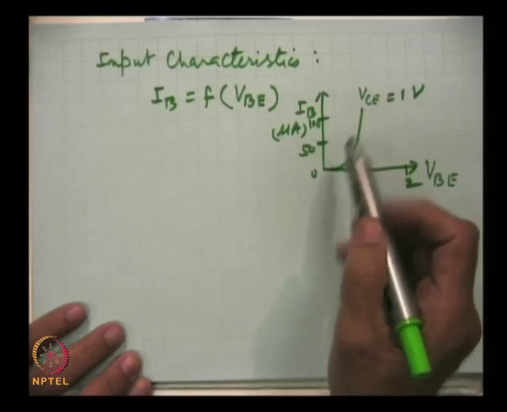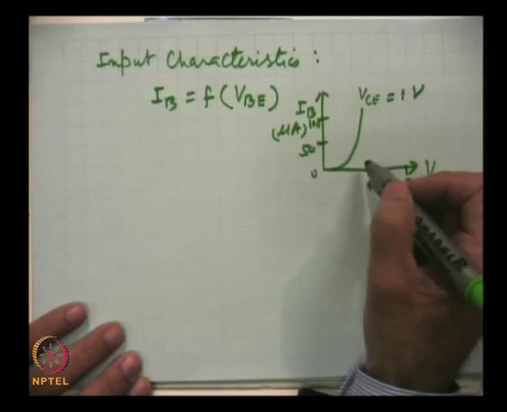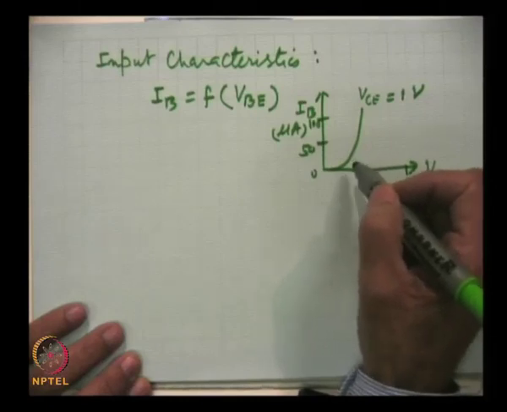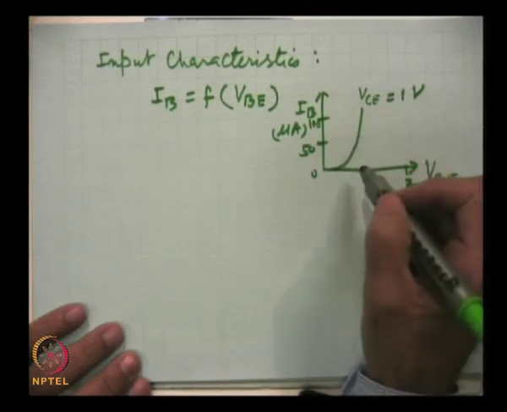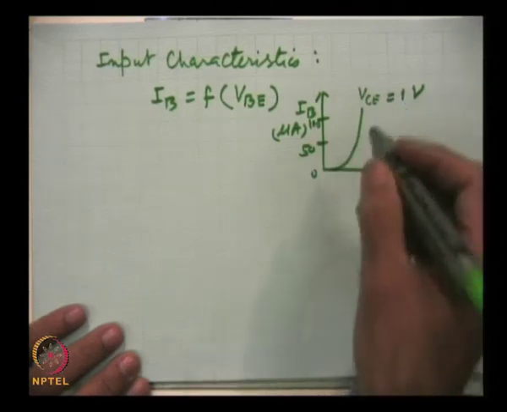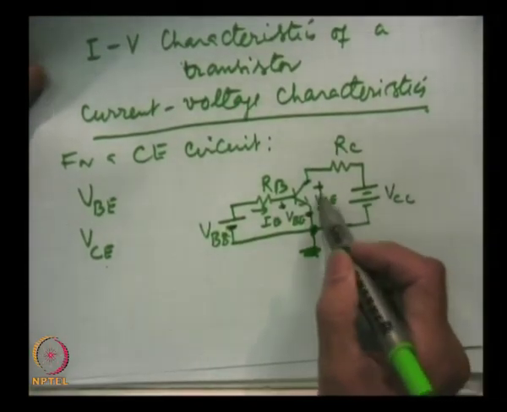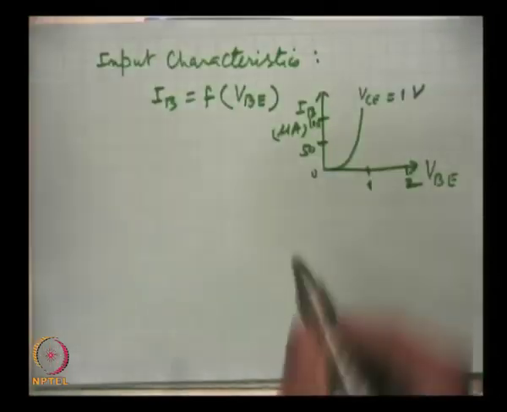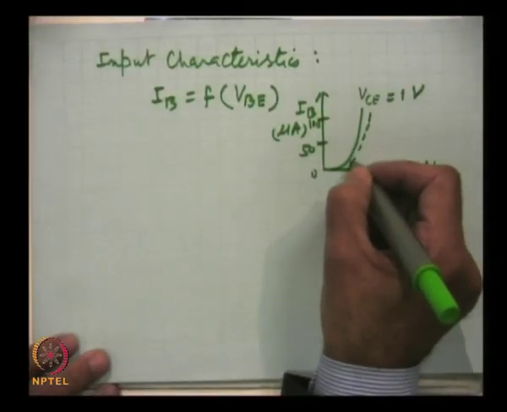then we change the voltage and we get the current, and there is an exponential rise, and from here of course we can find out the input resistance of the circuit. Now, if we change this output voltage, say from 1 volt we make it 20 volts, then there is some change in these characteristics.